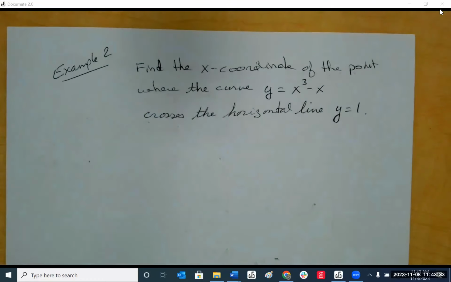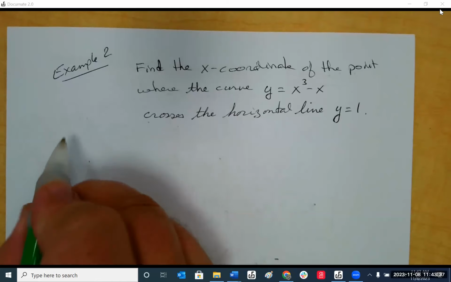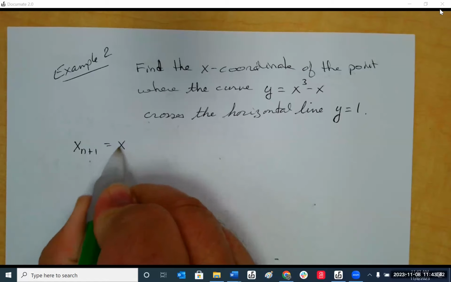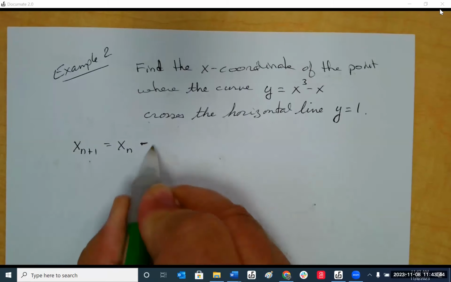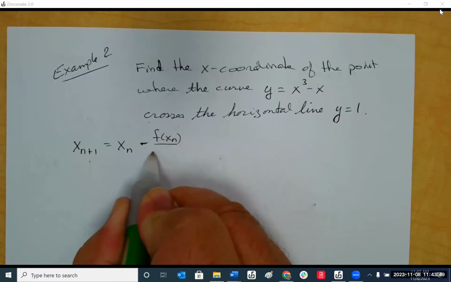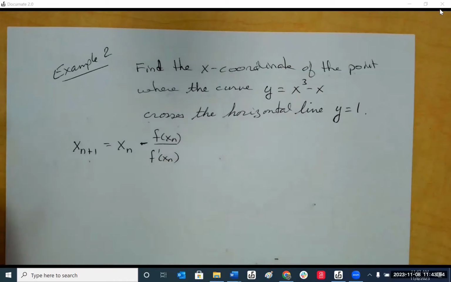So again, we have our formula that we'll be using: x sub n plus 1 is equal to x sub n minus f of x sub n over f prime of x sub n.